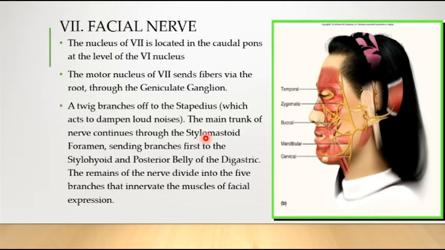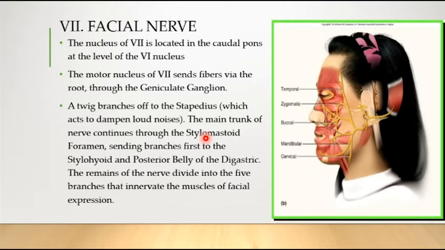And what's the distinguishing thing? Yeah, so sparing of the upper face. So relative sparing of the upper face, let's put it that way, and that is because of dual innervation of the upper face.